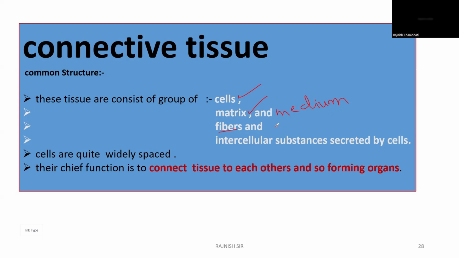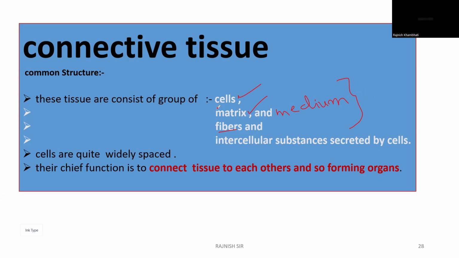Now I will give you an overview of how many types of cells, how many types of matrices, and how many types of fibers there are, which is going to be helpful for you, because if you want, you can go into detail. Otherwise, you can just skip that and go directly to the connective tissue types. Okay, so let's begin.